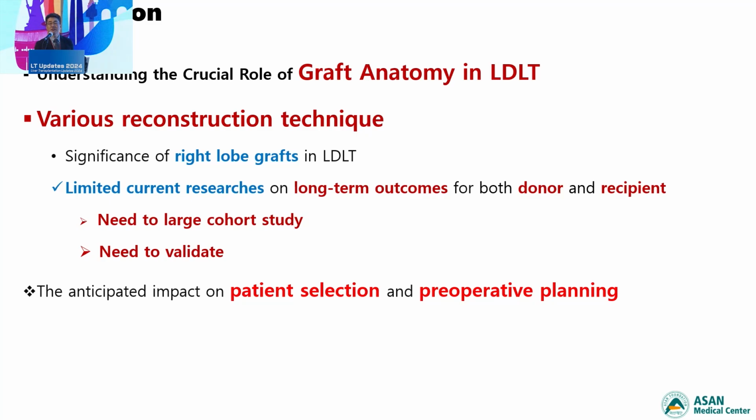Various reconstruction techniques have been used in various transplant centers, however, there have been a limited number of studies showing short-term and long-term outcomes in terms of graft characteristics, surgical procedure, and reconstruction technique.